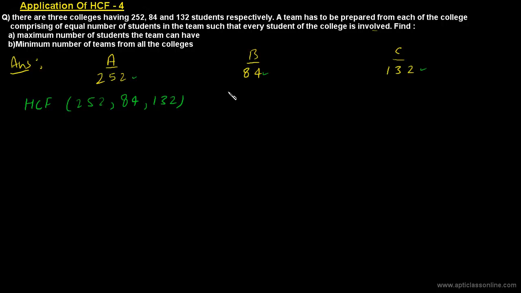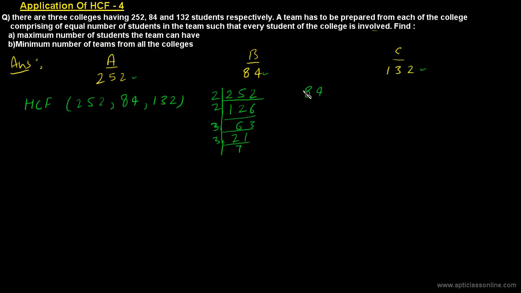So let's find out the HCF the way we used to. 252: we first divide it successively, by 2 we get 126, then by 2 we get 63, then by 3 we get 21, then by 3 we get 7.